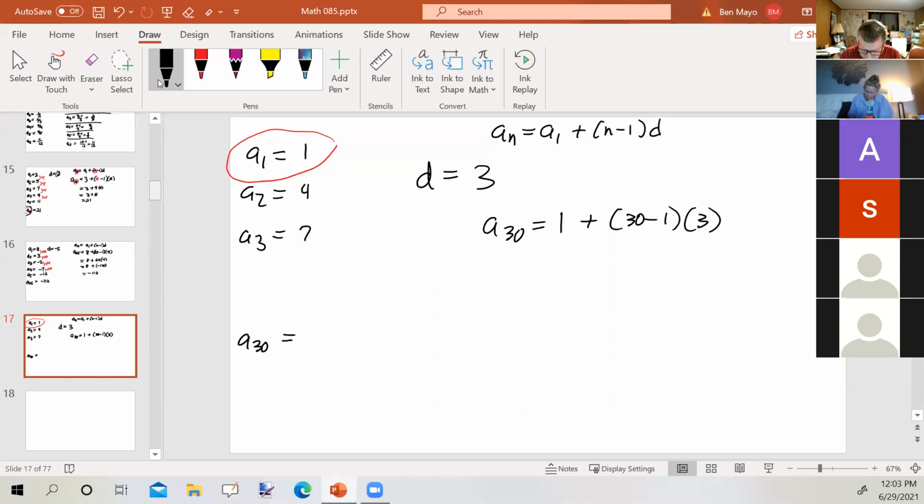No. All right, so this is 1 plus what? 29 times 3, which is 1 plus what? 87, which is 88. So a sub 30 is 88. Again, any questions?